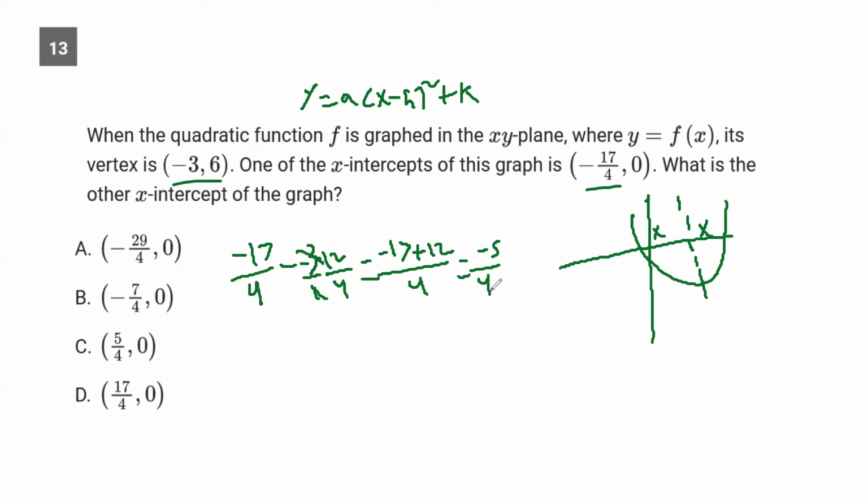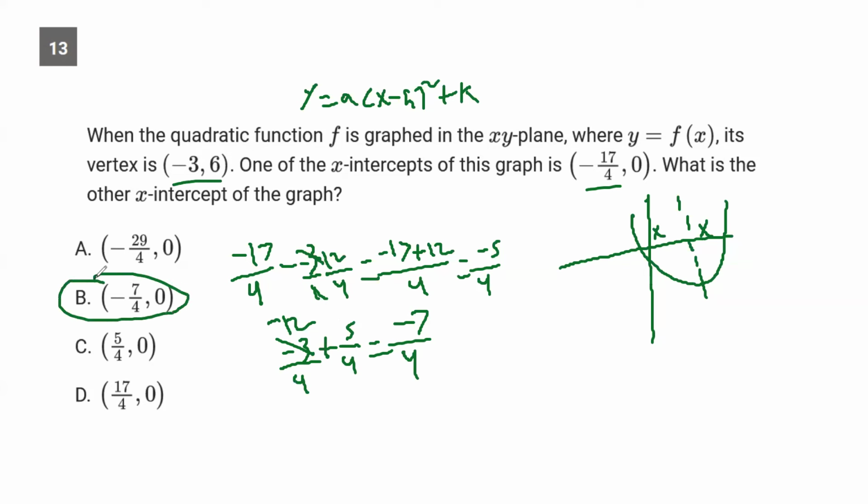So we're going to do 5 over 4 more than the vertex to find the other side. So we're going to do negative 3 plus 5 over 4. And this can become over 4. This becomes negative 12 plus 5 gets you negative 7 over 4, which is B.